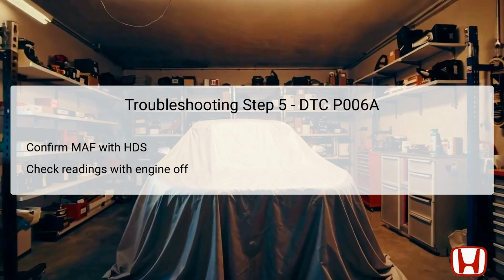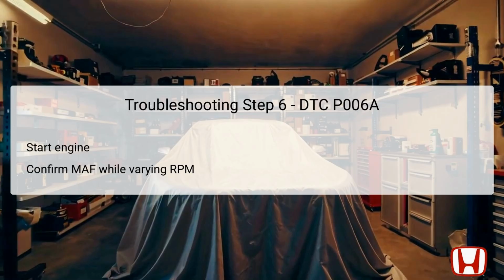For the final troubleshooting step, the engine should be started again, and the HDS should be employed to confirm the MAF sensor performance while increasing engine speed between 2,000 and 3,000 RPM. The expectation is that the readings from the HDS will show a direct correlation with the variations in engine speed.